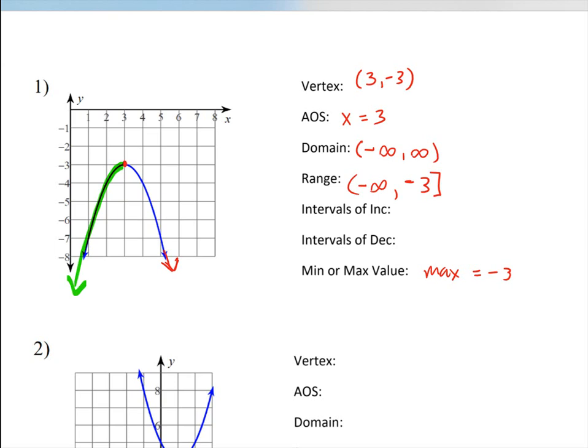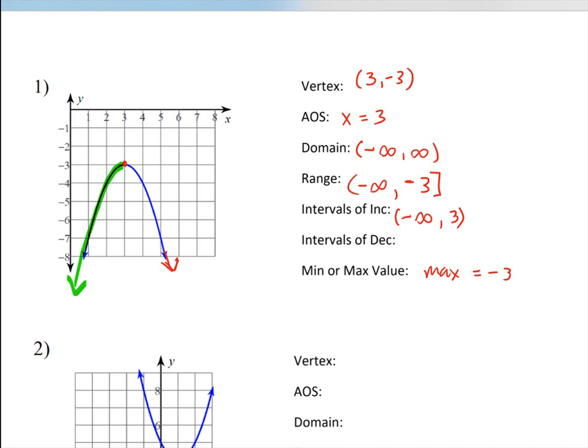So from the left, it's coming from negative infinity, and then it gets to right here, which is 3. And then we would put a parentheses around the 3, because right at 3 it's neither increasing nor decreasing anymore. So for intervals of increase and decrease, there are always going to be parentheses. That's something you want to make a note of.